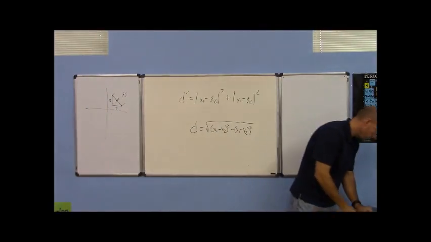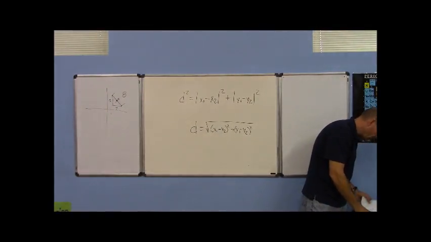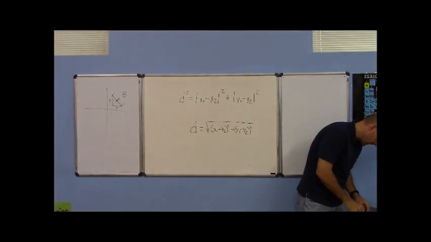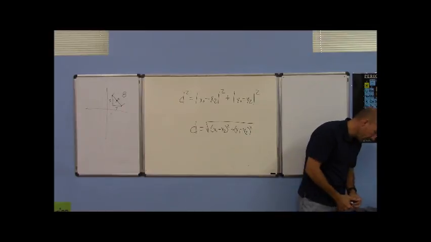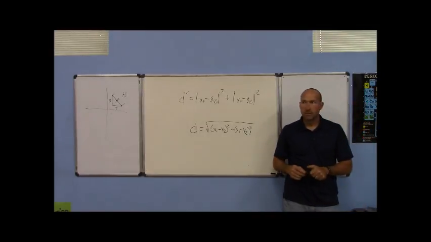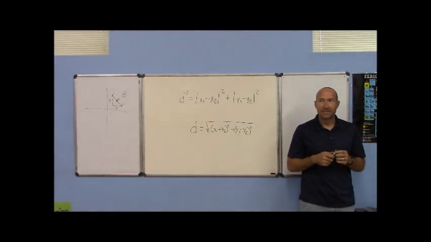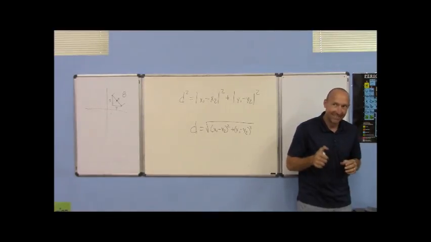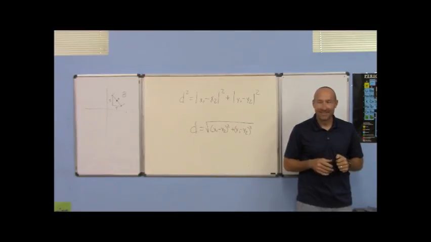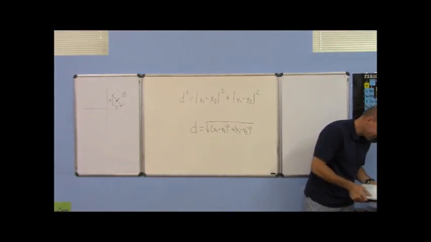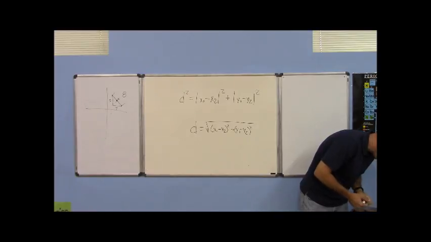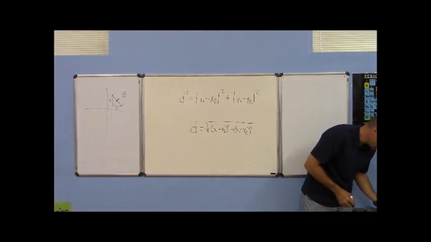So, you're like, well, it would be so easy if there was an equation or something that I could use to put all this together, right? So, what we can do is this.